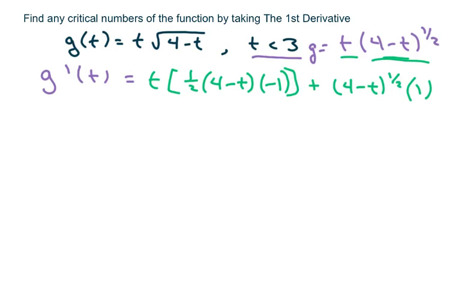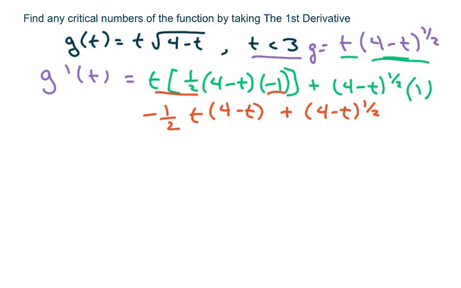Now, cleaning this all up, we're going to get -1/2 t times (4 minus t) to the -1/2. On this side, we have (4 minus t) to the 1/2.